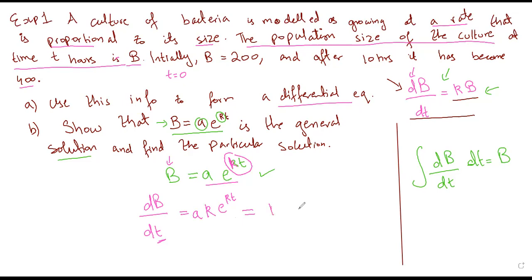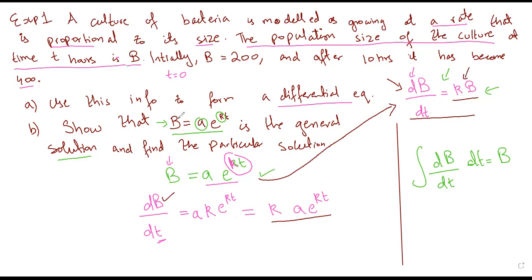So can I just rewrite it as K A e to the kt? Why? Because what was my target? I have to start from here and end up here. The left side is okay, but this is not kb.